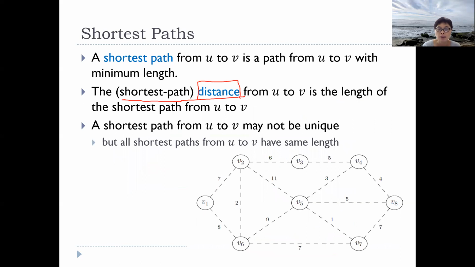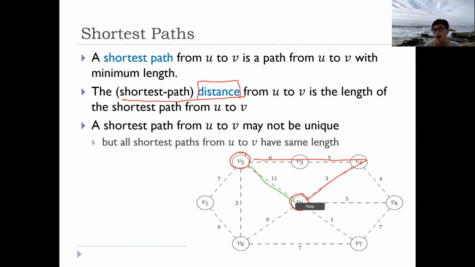Now, note that the shortest path may not be unique. There may be multiple ways to go from U to V that all have the shortest length, but they all have the same distance. So for example, in this picture, if I consider V2 to V5, I can reach V5 this way, and the weight is 14. It's long, but I could also go this way.